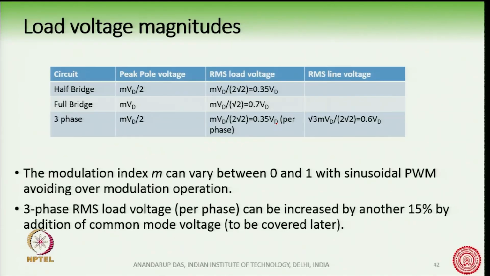And the RMS line voltage will be root 3 times this value, which will be equal to 0.6 Vd. So, the 3 phase RMS load voltage can be increased by another 15% by addition of a common mode voltage.